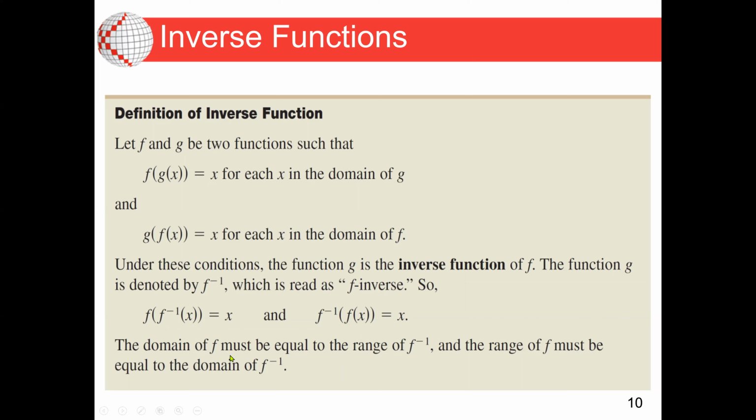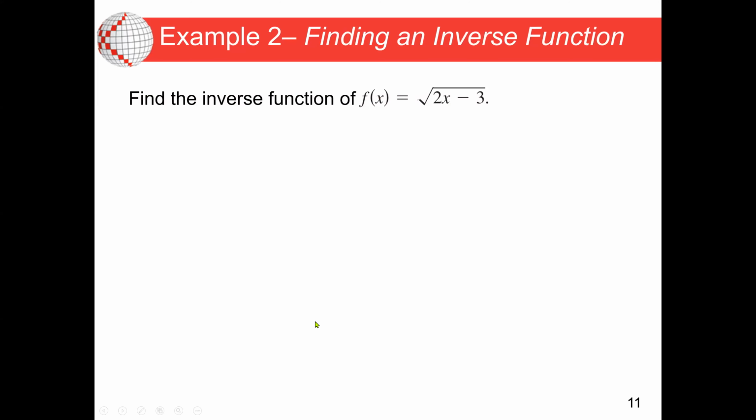So the domain of f must be equal to the range of f inverse, and also the range of f must be equal to the domain of f inverse, or the inverse function of f. So again, that's the theory. But now let's try and solve one example.